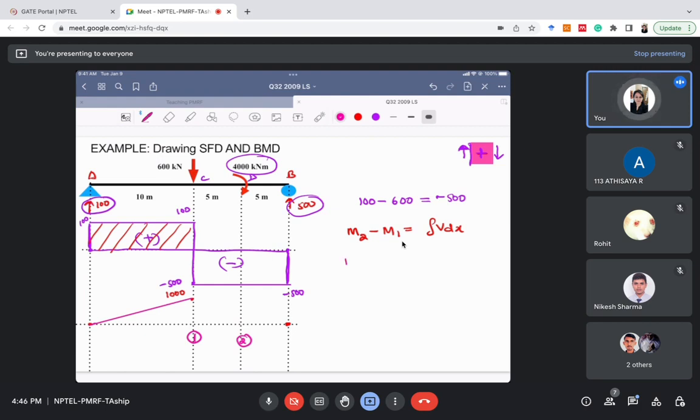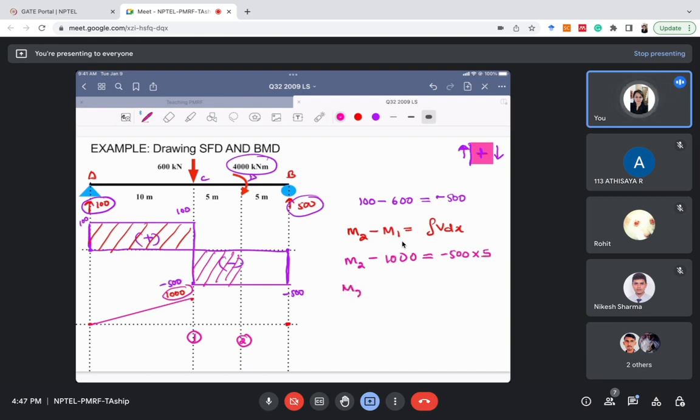M2 we do not know, M1 we know, M1 is 1000. Integral of V dx is the area of the shear force diagram between section CD. So this area is minus 500 multiplied by this length, which is 5.